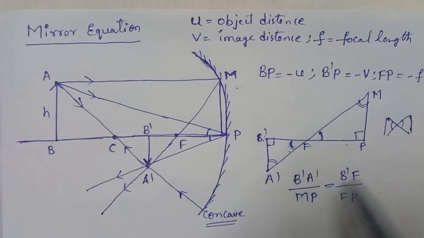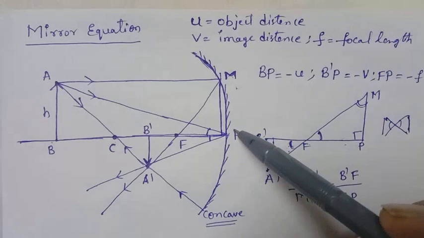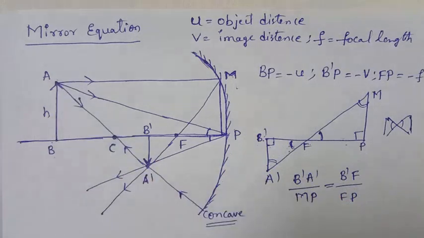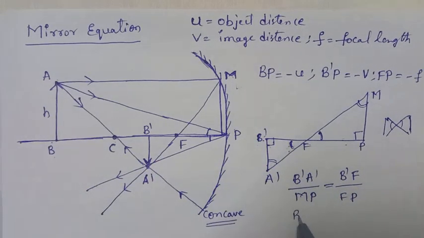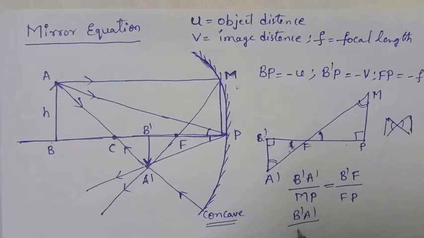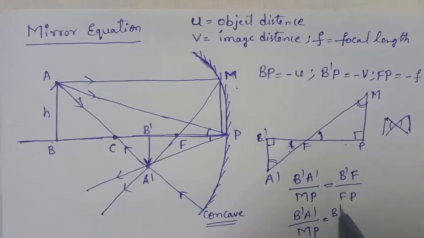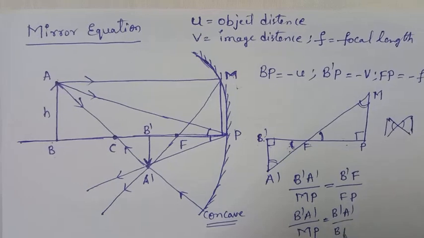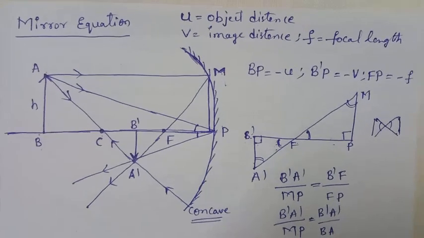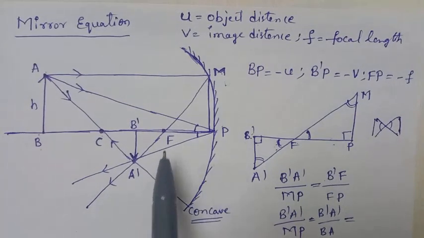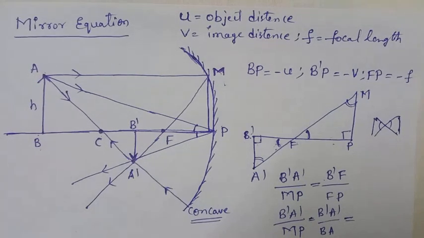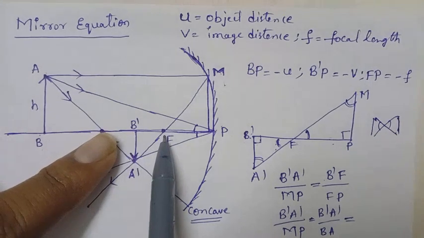From this diagram, MP distance is nothing but the object height, that means B dash A dash upon MP is B dash A dash by BA. It is balanced. So that is equal to B dash F, but the B dash F distance you don't know. How to get it?